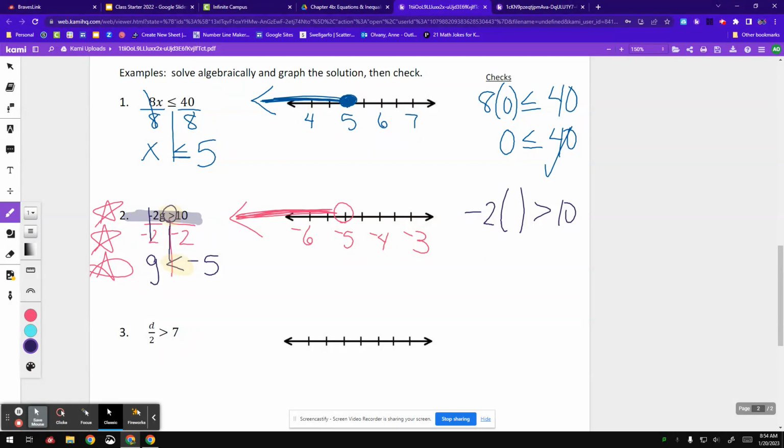Negative 100 is going to be way down there, isn't it? So let's plug it in here. What's negative 2 times negative 100? Luca? 200. Is 200 greater than 10? Yes. So when you use negative 100 or positive 100, it makes it very obvious if you're right or wrong. So it's tricky because you have to flip it here, but not over here.